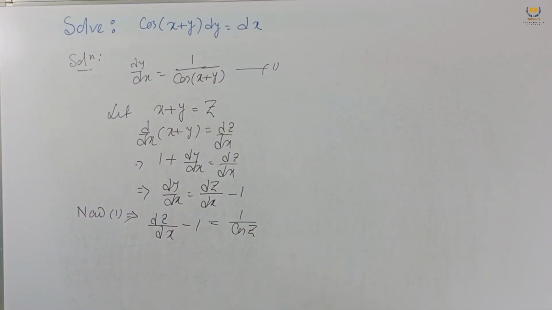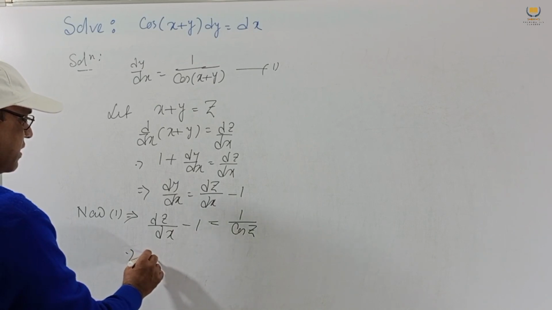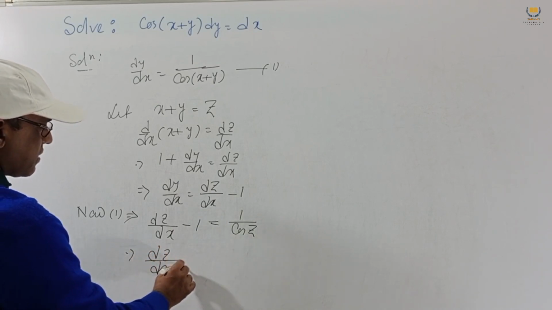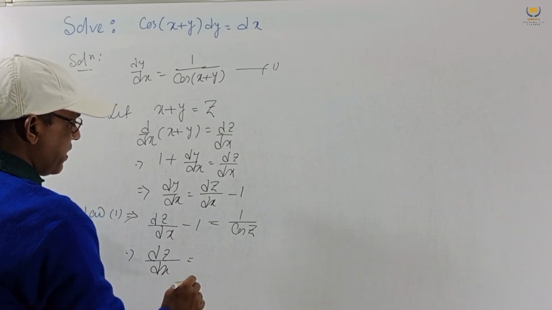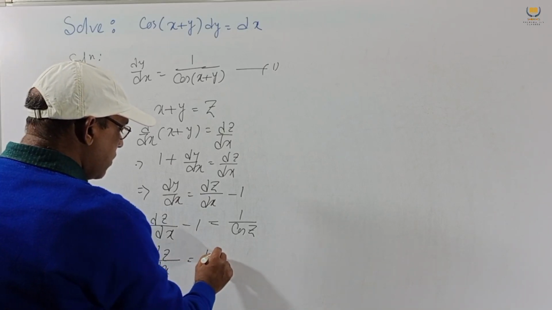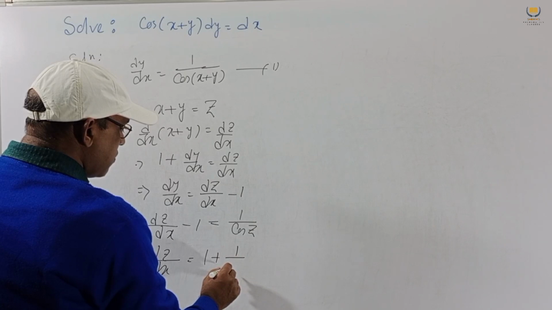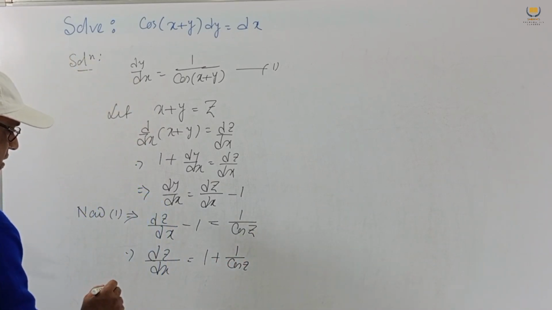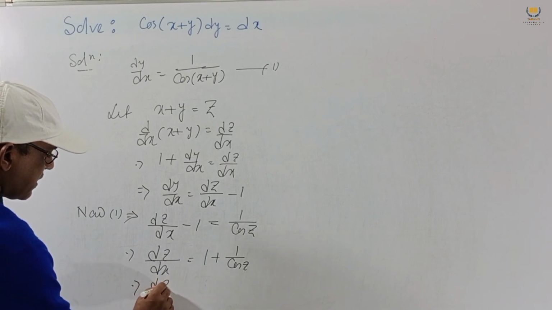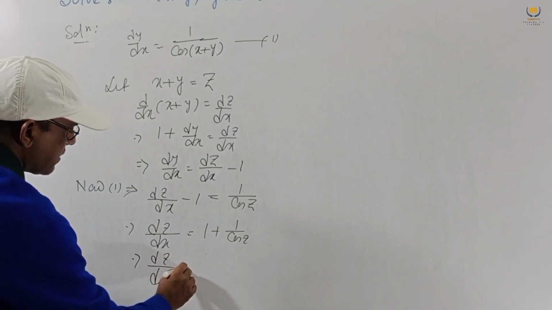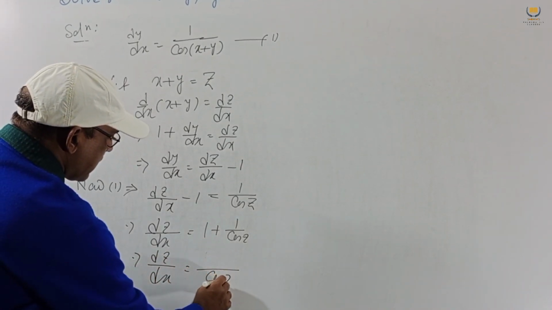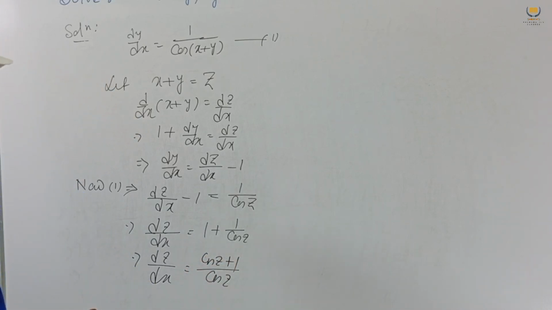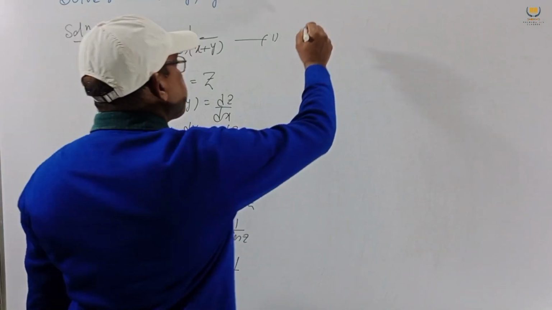Taking dz/dx, this will be 1 plus 1 by cos z, and this is dz/dx, cos z LCM, cos z plus 1. Now we separate this.